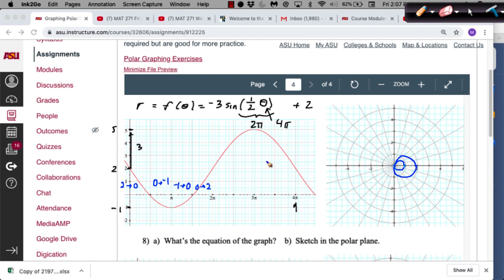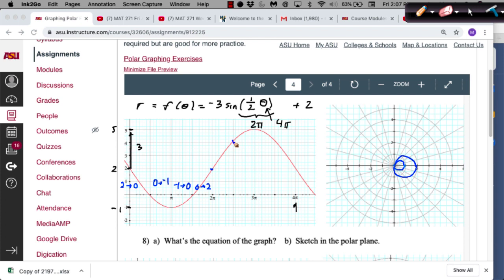Okay, but we're not done, right? We've got this whole different part of the graph, and we're all in positive territory now, so that's nice. We start at 2, or 2 pi is it 2? Yeah. And we're going to go from 2 pi to 5 pi over 2. We go from 2 to 4.